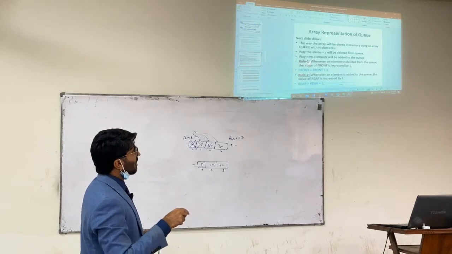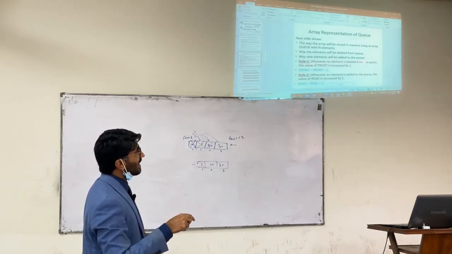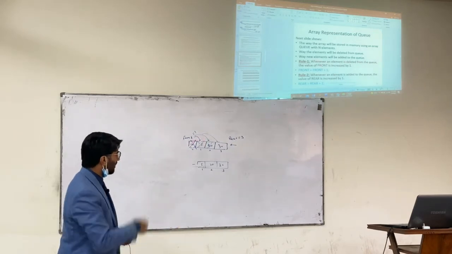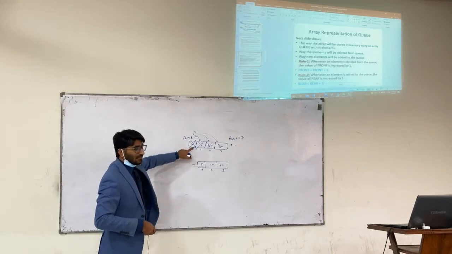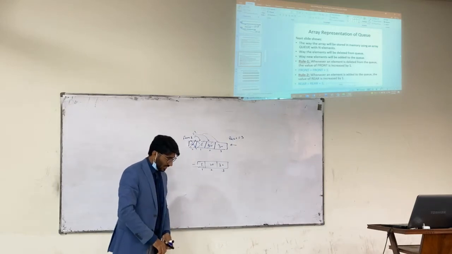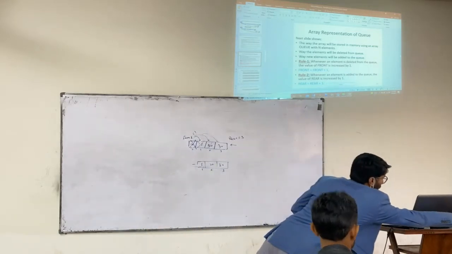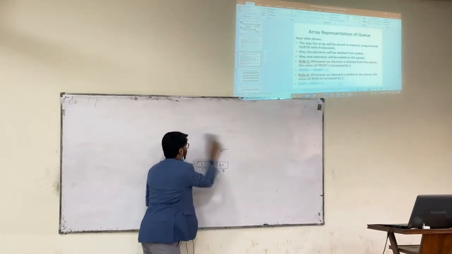So rule number 1: whenever an element is deleted, the value of front is increased by 1. Is it true? Before, the value of front was 0, we removed 10. So let's suppose we are going to implement this rule.